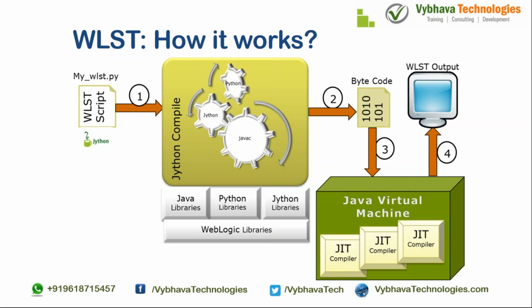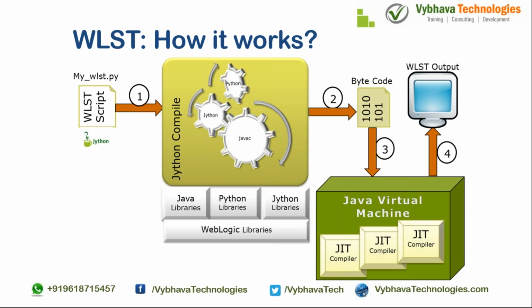So there is this Jython compilation process, and how it works. In the first phase, it uses Java libraries, Python libraries, and Jython libraries. On top of all this, you execute and compile, and all is working fine, error free. Then it also uses JMX when you are working with the WebLogic servers. If you are going to use JMX MBeans, then it calls the WebLogic libraries.